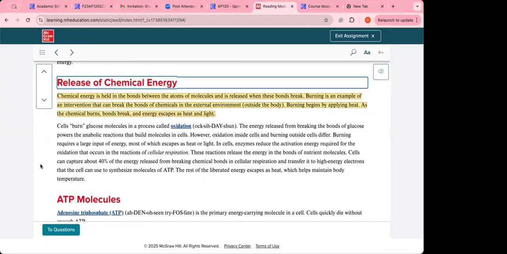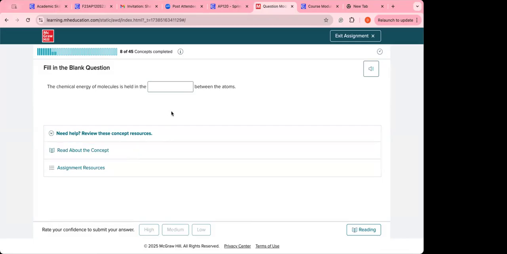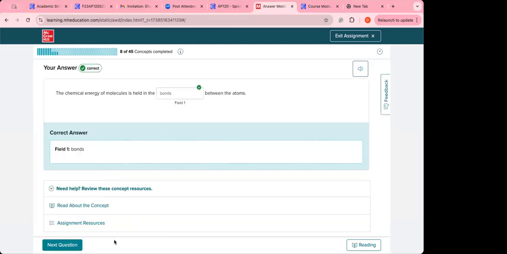There's that word, bonds, between the atoms of the molecules. So the word there is bonds. Good.